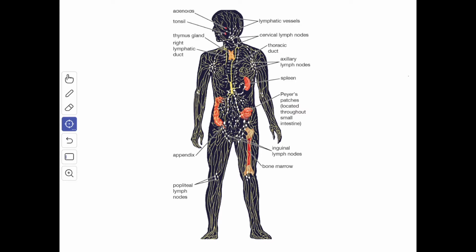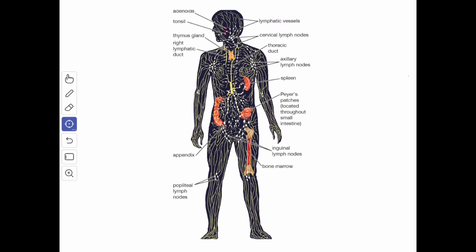The dense lymphoid tissue can therefore be divided into discrete lymphoid organs and mucosa associated lymphoid tissue. First we'll see the discrete lymphoid organs. These include the thymus, the lymph nodes, the spleen and the tonsil.